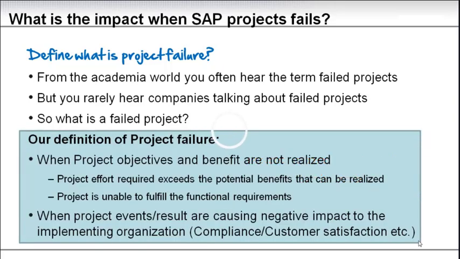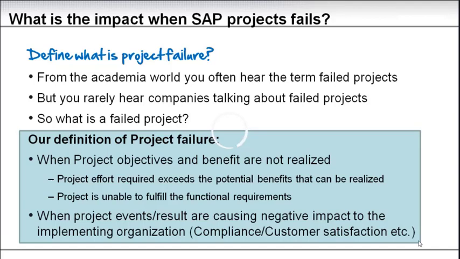Well, the definition we want to use for project failure is when the project objectives and benefits are not realized. Meaning either the project effort required to accomplish the project exceeds the potential benefit you are going to gain from it, or the project is simply unable to fulfill the functional requirements.